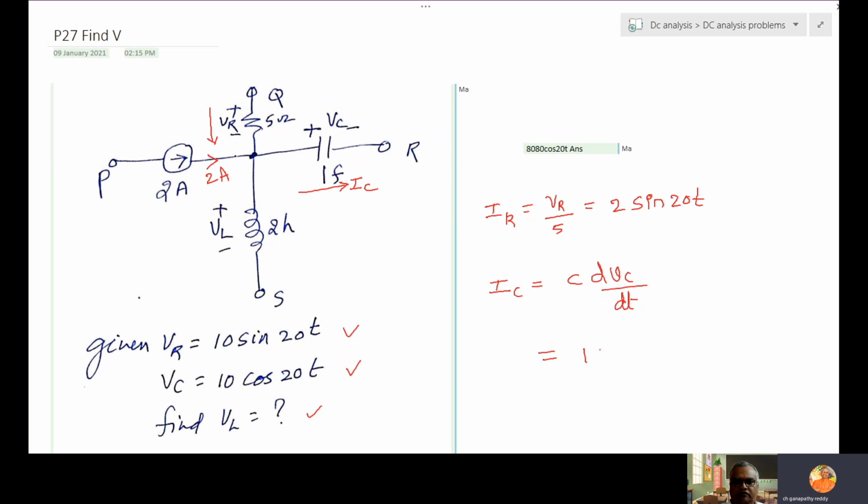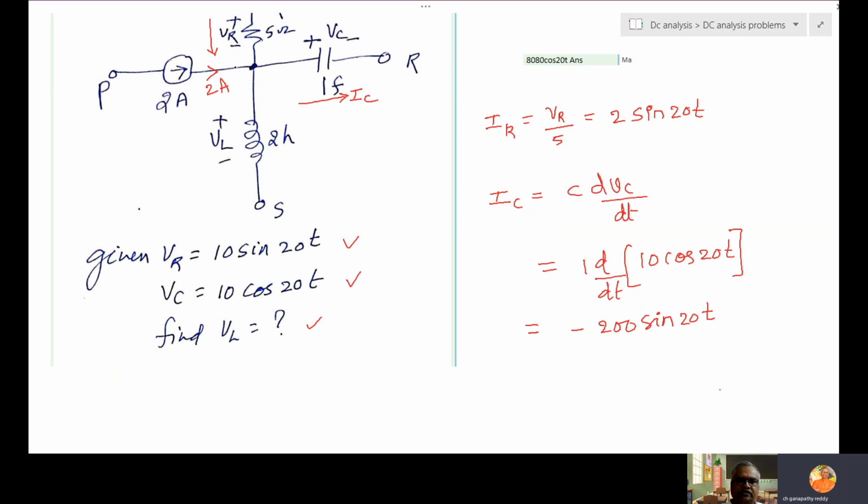What is C? 1. d by dt of Vc, where Vc is 10 cos 20t. This is minus 200 sin 20t. This is IC.